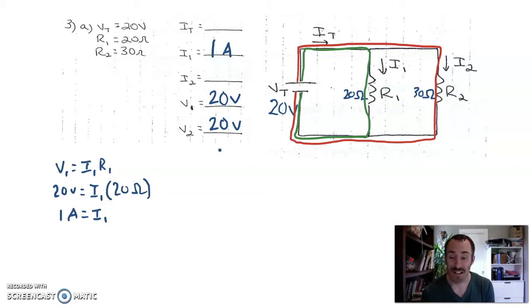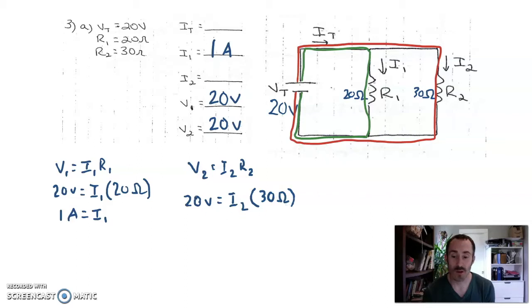I2, we can do exactly the same thing. We're just going to do V2 equals I2 R2. V2 is also 20 volts. I2 is what we're looking for, and R2 is 30 ohms.